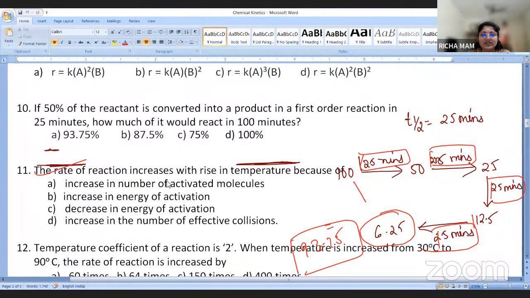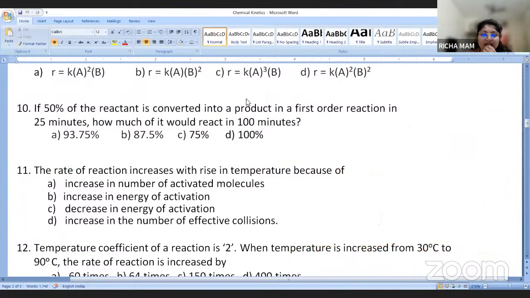The rate of the reaction increases with rise in temperature because of: A, increase in number of activated molecules, B, increase in energy of activation, C, decreasing energy of activation, and D, increase in the number of effective collisions.